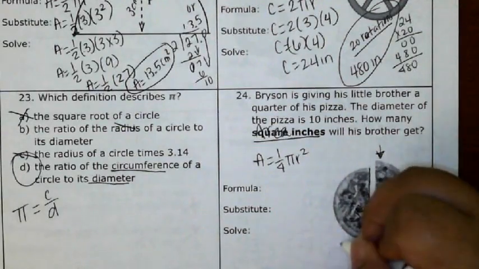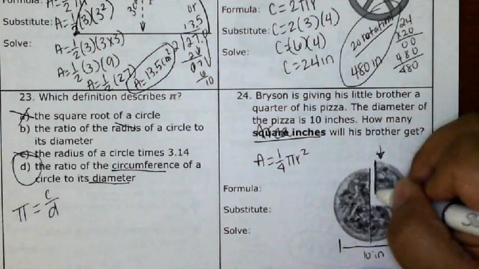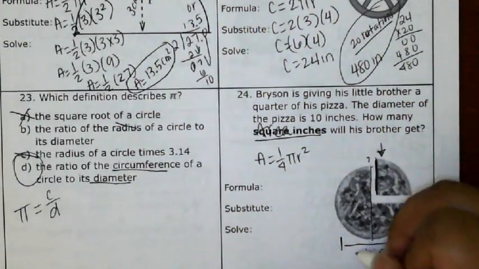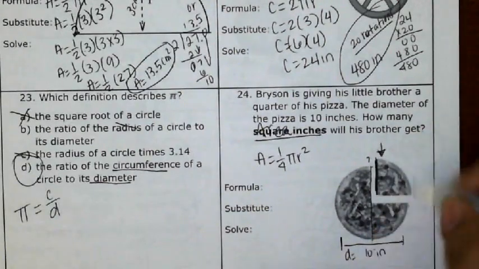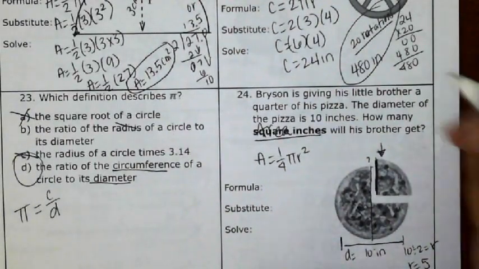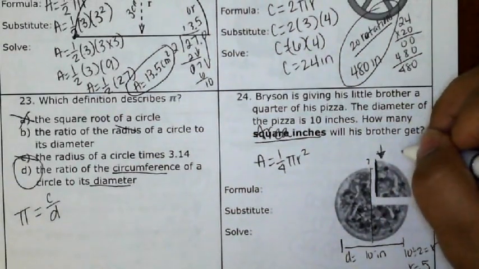So what we do is we take the diameter, we divide it by 2 to get the radius. So the radius is going to be 5 because 10 divided by 2 is 5. Now we have what we need. The radius is 5. This is what we're using along with pi, which is 3 or 3.14. Area is equal to 1/4. We're going to use 3 today for this one.